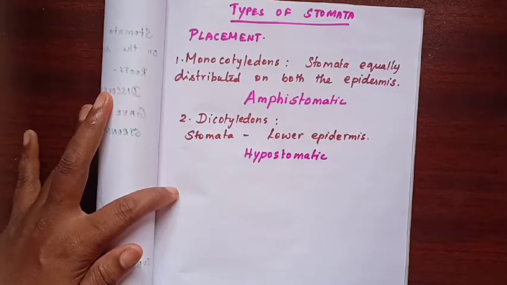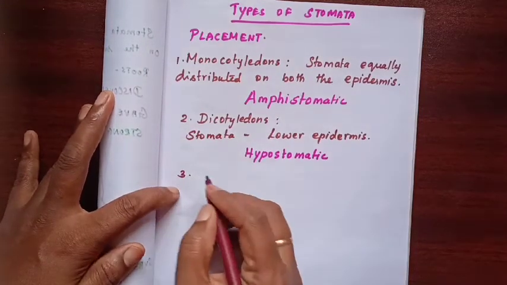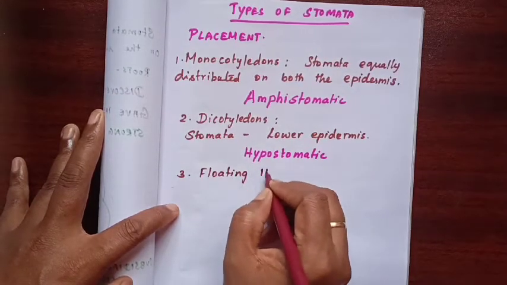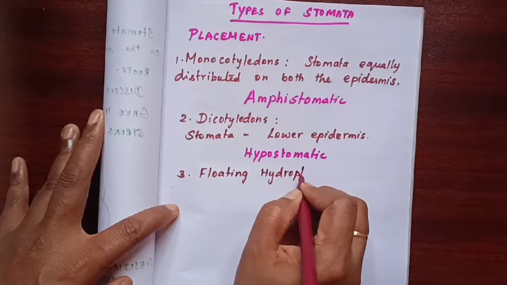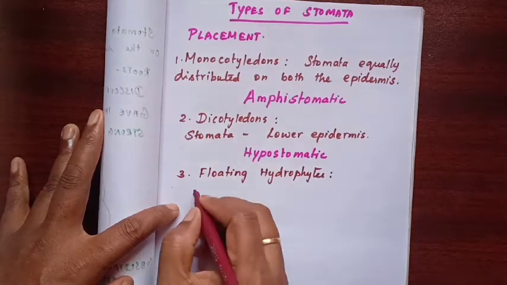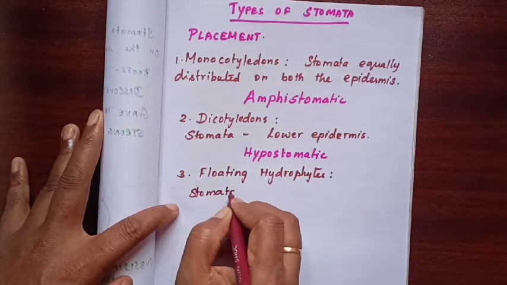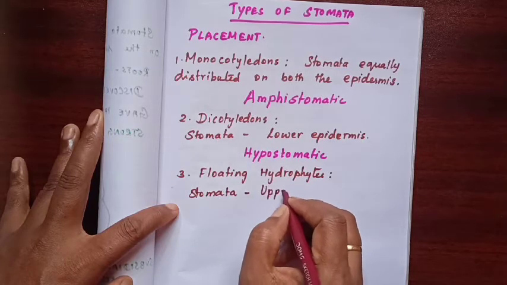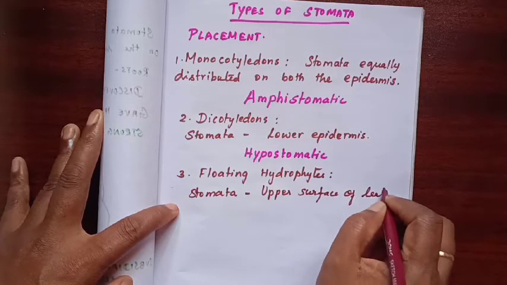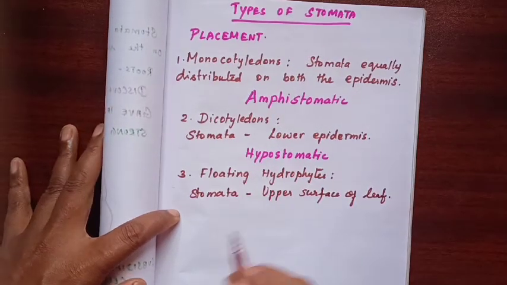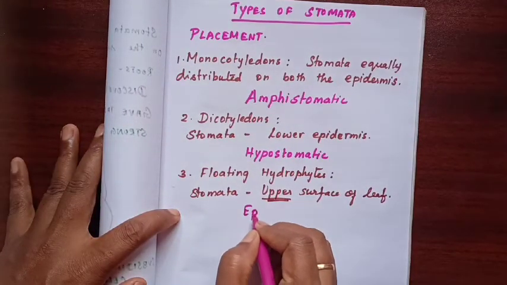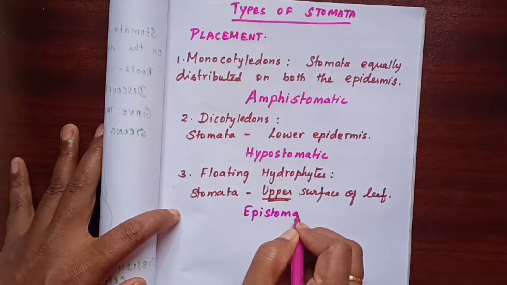Third one in floating hydrophytes, where the stomata is present only on the upper surface of the leaf. So the prefix what we use for upper surface is epi. So it is epistomatic stomata.